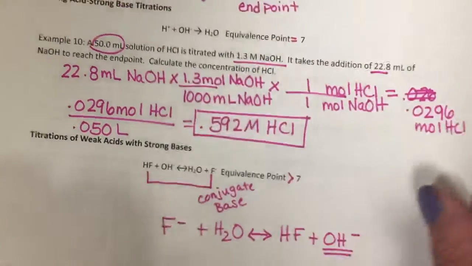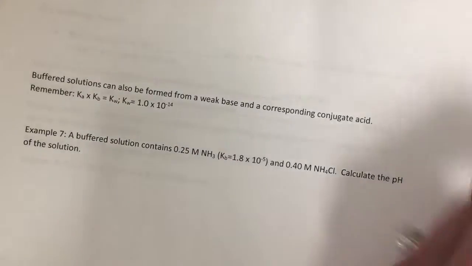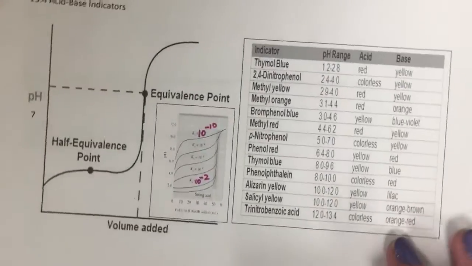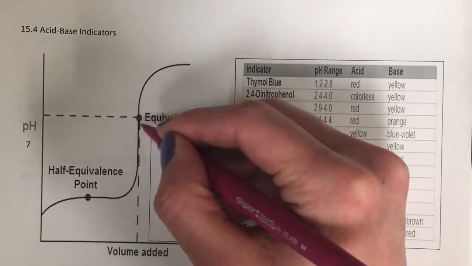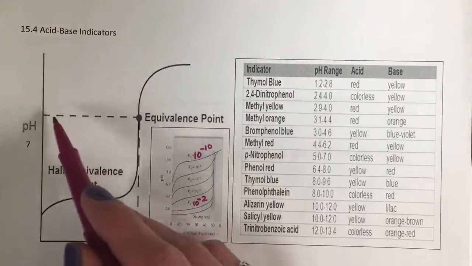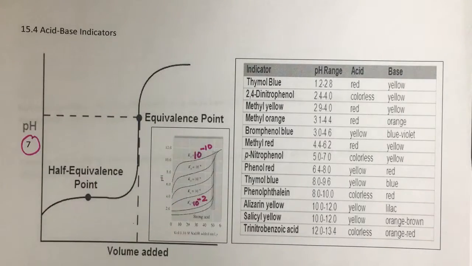Okay? So if I look at the curve, what I'll notice is that my equivalence point for a weak acid is going to be higher than 7. Okay? Something to be aware of. Not all of my curves will have the same shape.